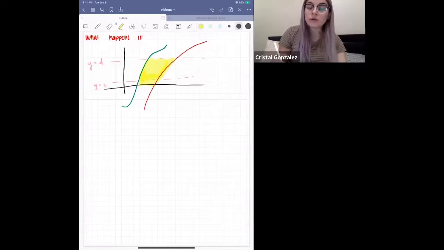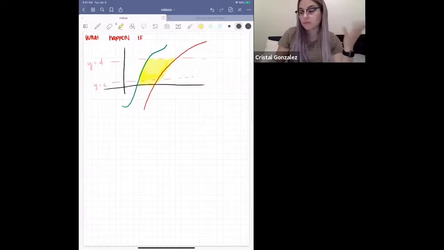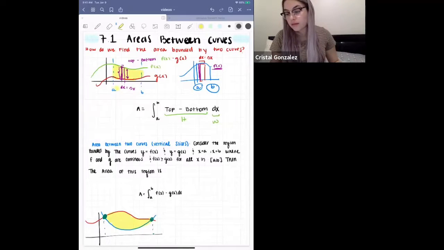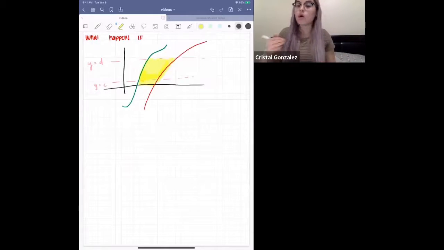Well, first of all, notice that our bounds are with respect to y. So things got a little flip-flopped. Here we had a and b, and those were x equals a, x equals b. Here we have y equals d, y equals c.